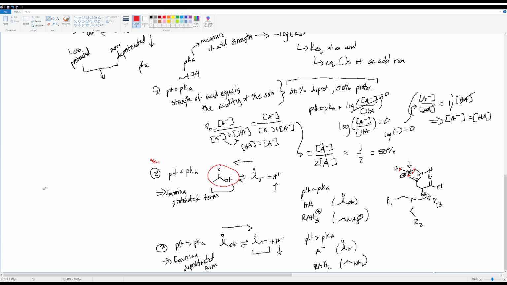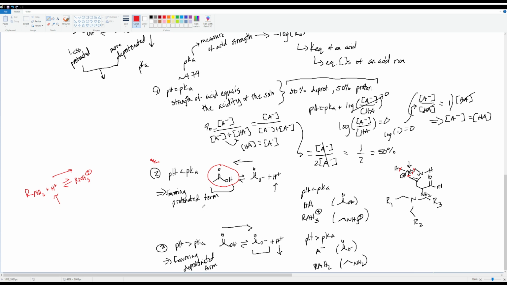If we look at our amine reaction, if we have a pH below the pKa, we're increasing the amount of H+, so we'd be favoring the protonated form. I don't know why they split it up like that. Okay. Fascinating. Anyways, they're both protonated.